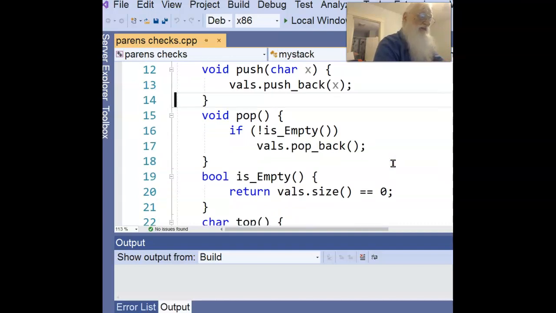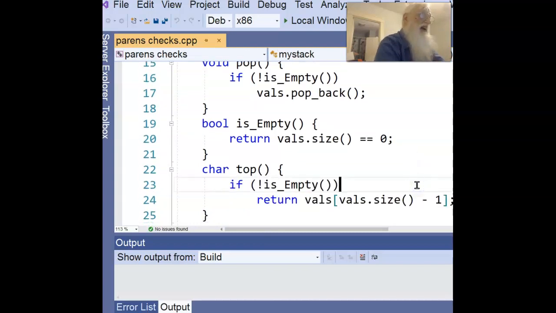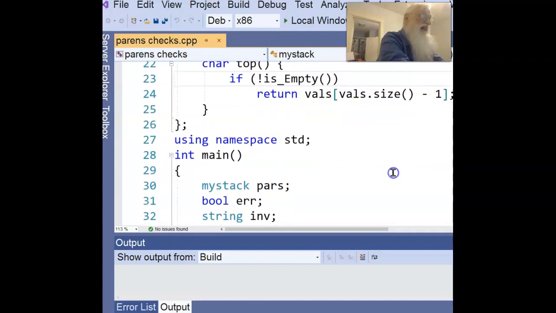Boolean is empty: I just return is the size 0. And I had top. If it's not empty, I return the vowels dot size minus 1. So those were my setups there.